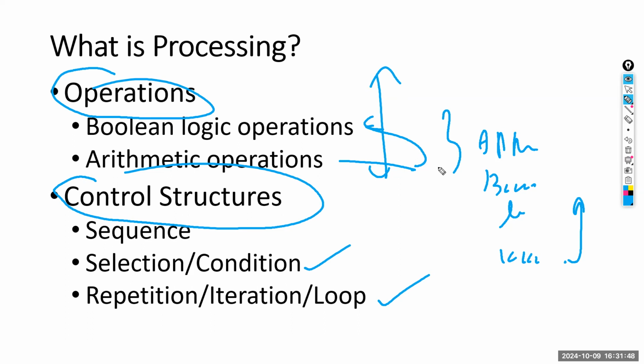Right. So if someone asks what is meant by processing, what is your clear-cut answer? At high level, application software level: applying operations, that is logic operations and arithmetic operations, with the help of control structures. Some operations we need to apply conditionally, some repetitively, and so on.